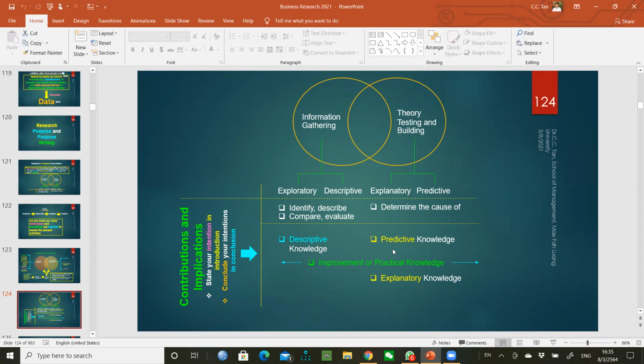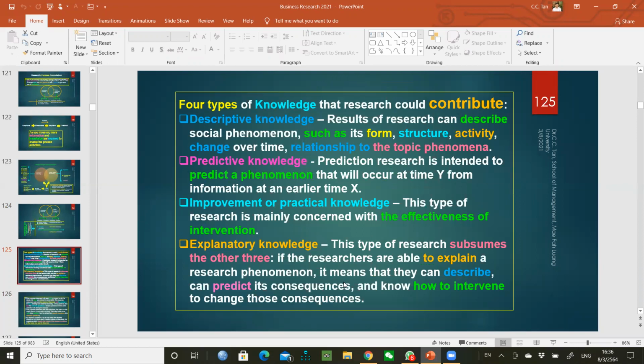These are only a few simple examples, but there are many different types of knowledge you can map into this graph, so that you know your job is really creating knowledge through research, and through the knowledge you hopefully become wise so that you can apply it.